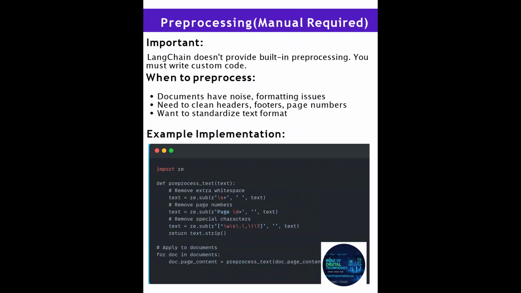So once you load, you need to pre-process this information. It is manual work. And there is a simple syntax: def preprocess_text, then text equals re.sub. We can remove page numbers and other extra characters.